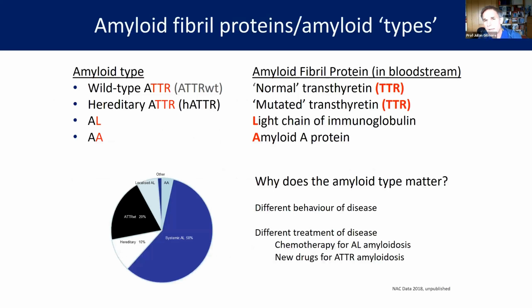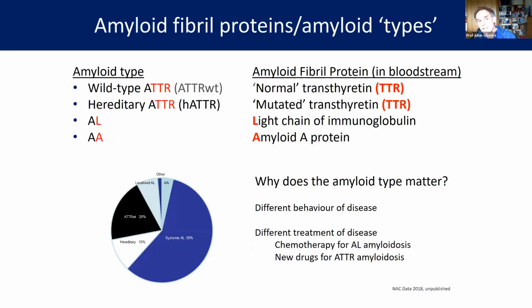So just to recap on some of what Mary explained, essentially there are a number of different proteins that can form amyloid in the human body, and the particular protein that we're talking about today is this protein TTR, or transthyretin.